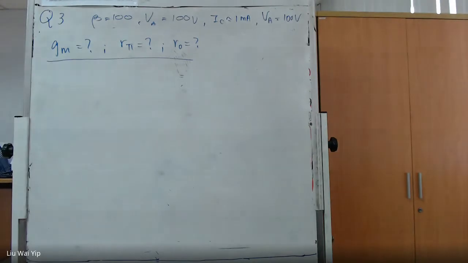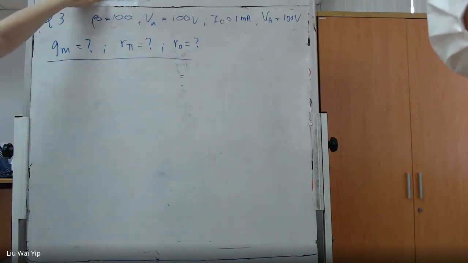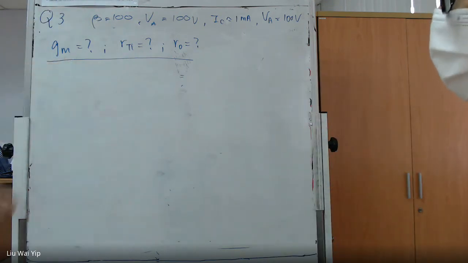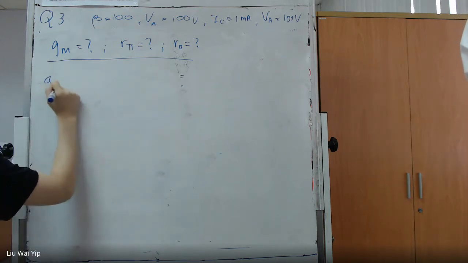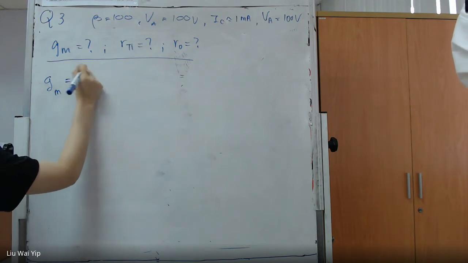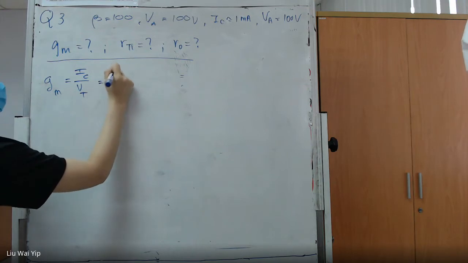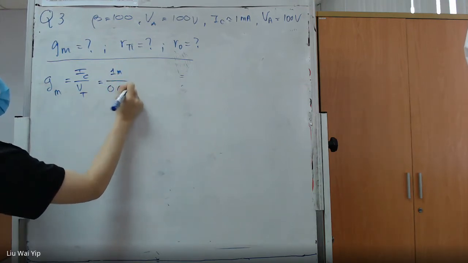So I have to convert it into the pi model. No, do it now. Just jump right into the calculation. gm is equal to what? IC divided by VT, divided by 0.026.